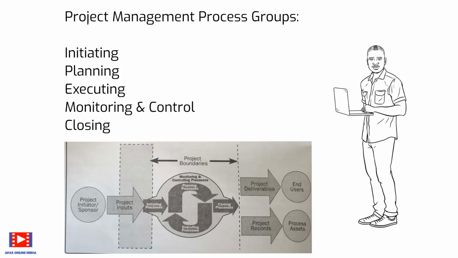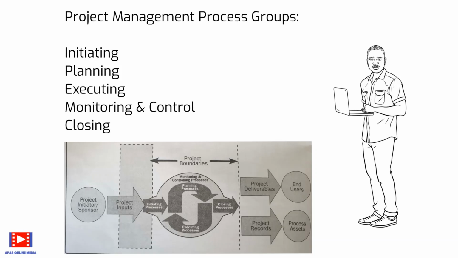the project initiator or the sponsor who gives the project inputs. The project manager starts the initiating process, then it gets followed on by the planning process, which in turn gets followed by the executing process.